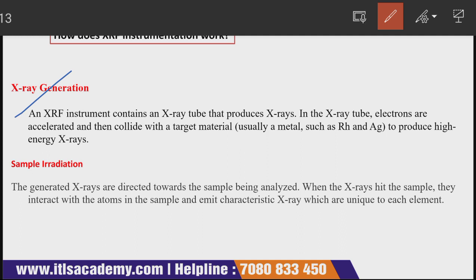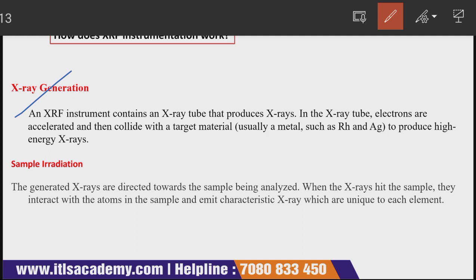In the X-ray tube, electrons are accelerated and collide with the target material, usually a metal such as Rh or Ag, to produce high energy X-rays.